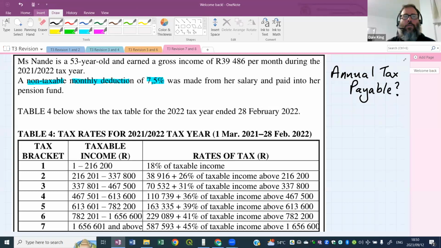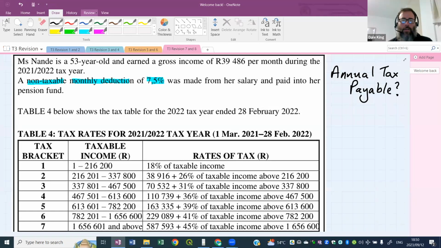We're doing revision mostly for the matrics, and we're dragging you grade 10s along as we do it. If you're not sure how it works, it's absolutely fine. Don't feel bad. You will pick things up as we do this, and next year when they introduce it to you, it'll be a lot easier.